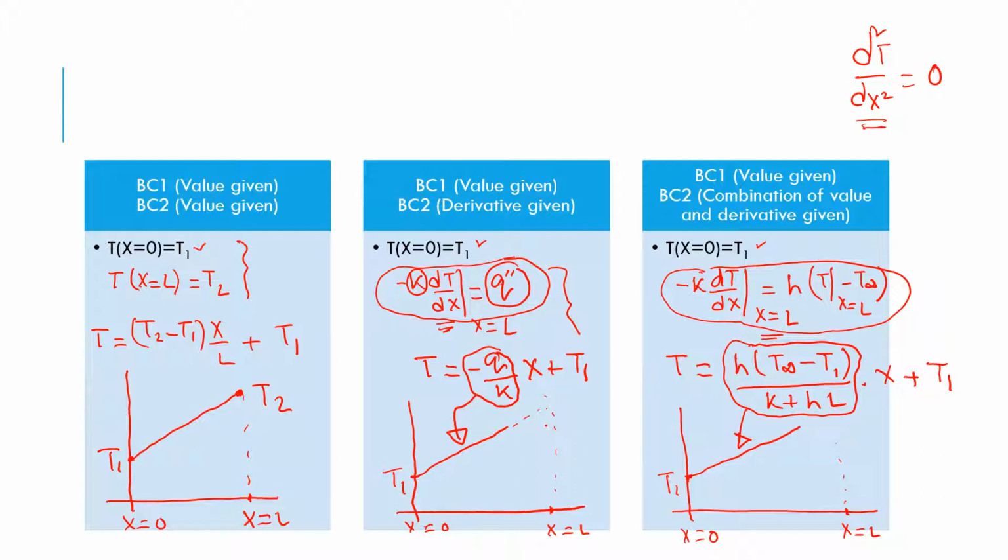So what is the big thing that we want to take from this? You notice that all three, this one, this one, this one, are solutions of one equation. In fact, one of the boundary conditions is also the same in all three cases. But just because we change the other boundary condition, the solution is different.